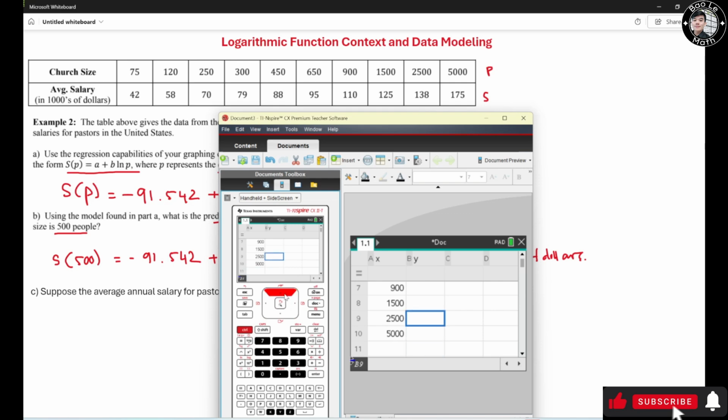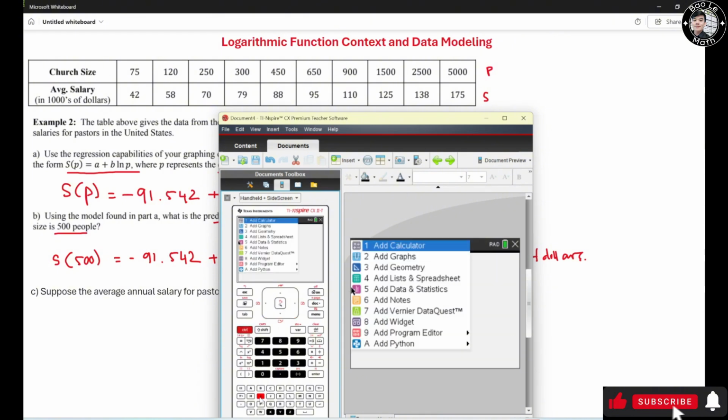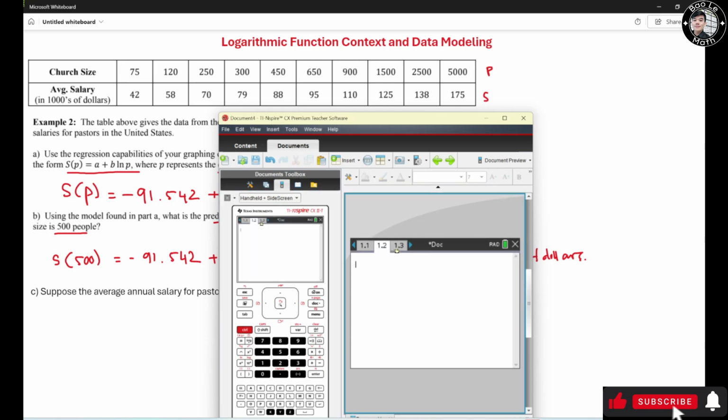Alright, so you're going to input the values for the Y column. Alright, so it's going to be 42,175. After you finish inputting the values for the table, right, you hit Control I. Right, add calculator right here.